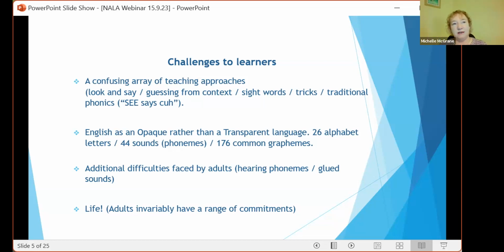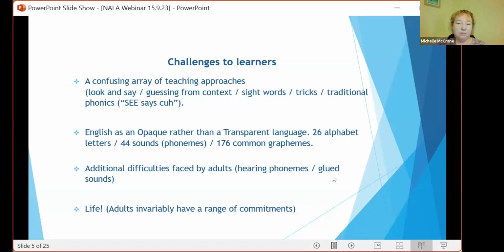Or learners from certain Eastern European countries, Poland, Latvia, Lithuania, struggle to differentiate between the v and the w sound, since that ability is not really necessary in their language. However, it is for English. So that is a problem in terms of hearing.